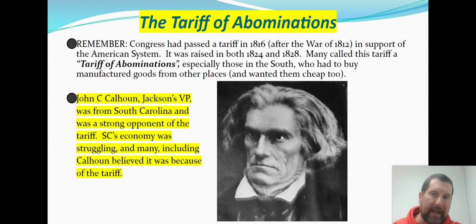Now, here's where it gets interesting from a political standpoint, right? John C. Calhoun is Jackson's vice president. Calhoun is from South Carolina, and he's a strong opponent of the tariff. South Carolina's economy is in shambles, and many of them, including Calhoun, believe it's in large part because of the tariff.